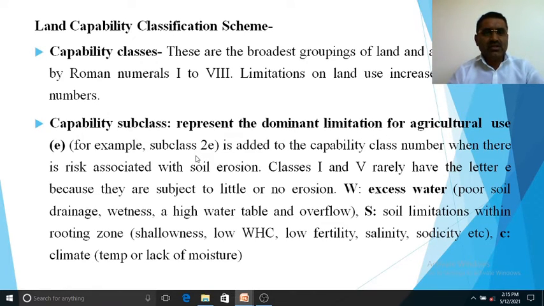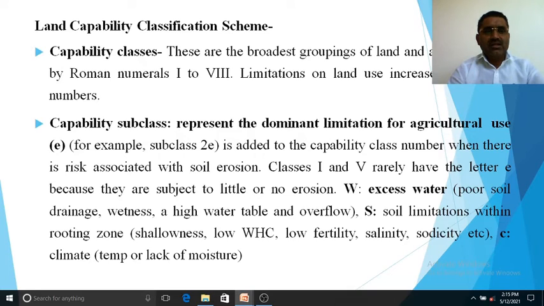What it indicates is added to the capability class number when there is risk associated with soil erosion. If any class or major group has a risk associated with soil erosion, then E is written over there.